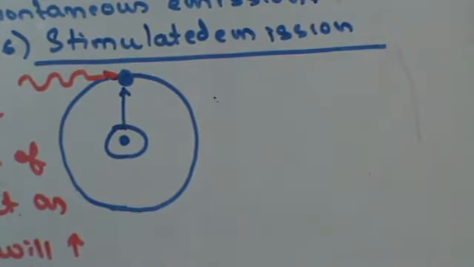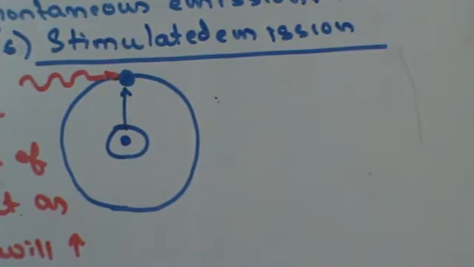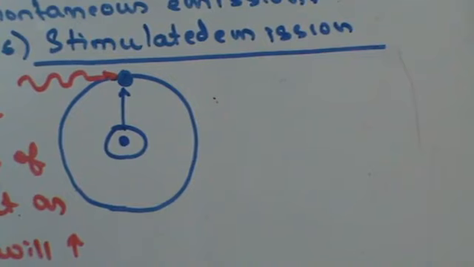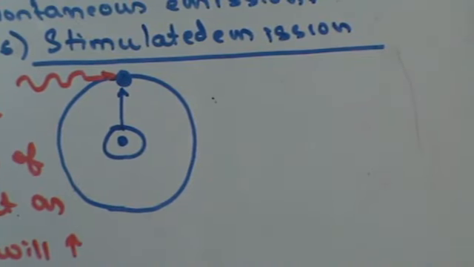When it collides, it is going to emit a photon, and that electron is going to jump from higher energy level to lower energy level.